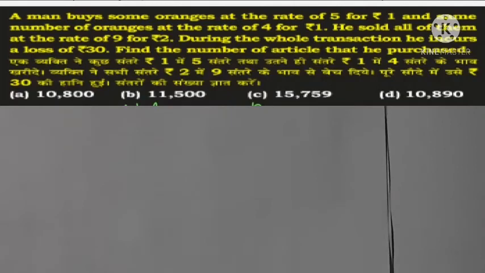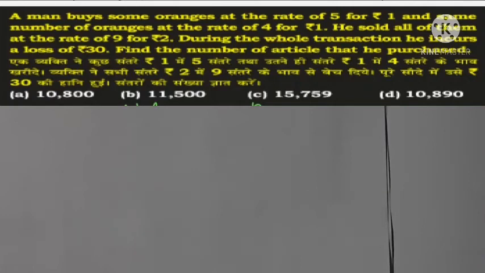A man buys some oranges at the rate of 5 for 1 rupee and the same number of oranges at the rate of 4 for 1 rupee. He sold all of them at the rate of 9 for 2 rupees. During the whole transaction, he incurs a loss of 30 rupees.